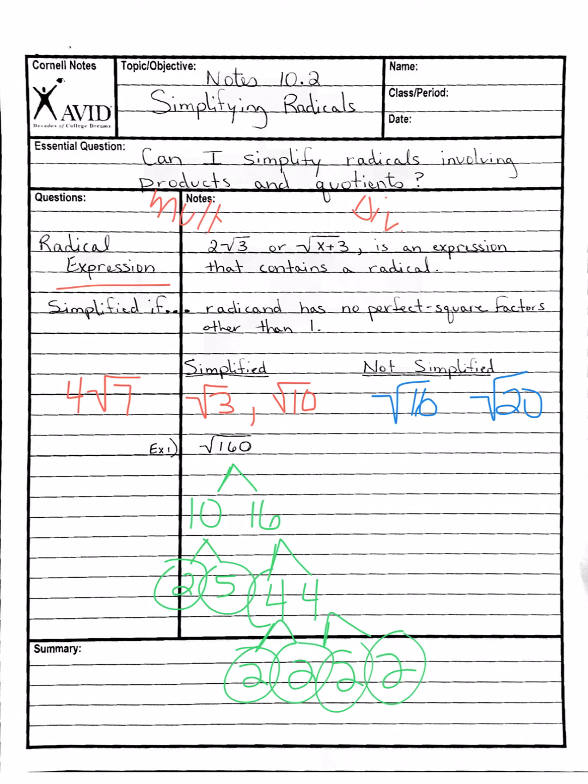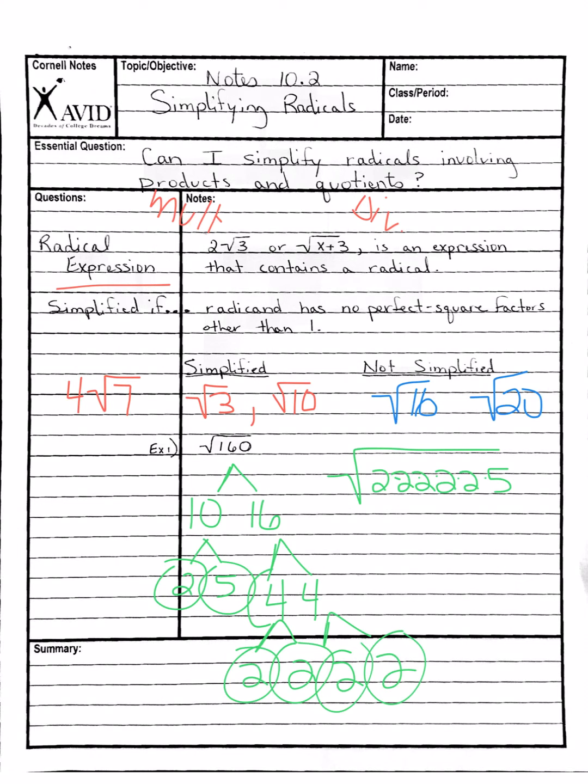So if you were to multiply on your calculator 2 times 5 times 2 times 2 times 2 times 2, I have them all circled there. That is the same thing as the square root of 160. So we have 5 2's and a 5, with a multiplication sign between them. Those are equal in value: 2 times 2 times 2 times 2 times 2 times 5 is 160.